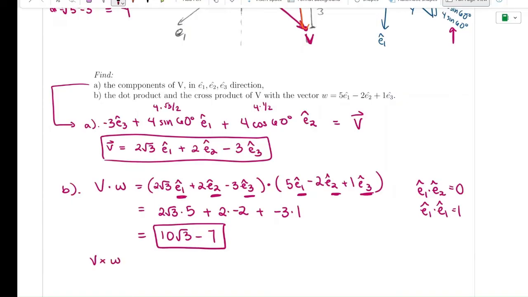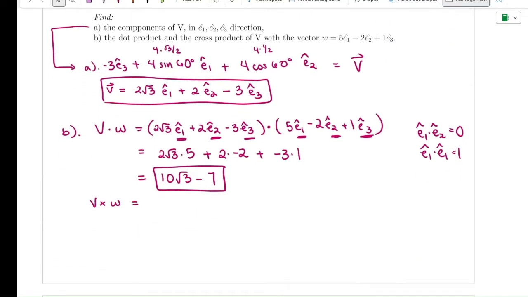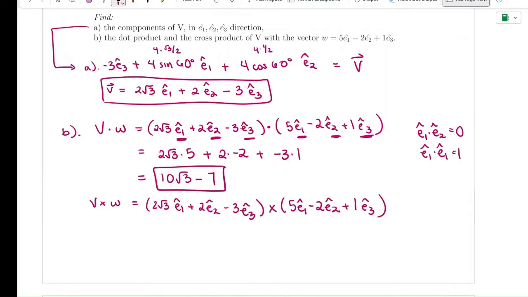Now V cross W. I guess there are 2 ways to think about this. So the first way, we can do what we originally wrote out in the dot product. So we do V cross 5 e1 hat minus 2 e2 hat plus 1 e3 hat. There are 2 ways to go about this depending on which one you prefer. So one is you can just remember how the orientation goes.